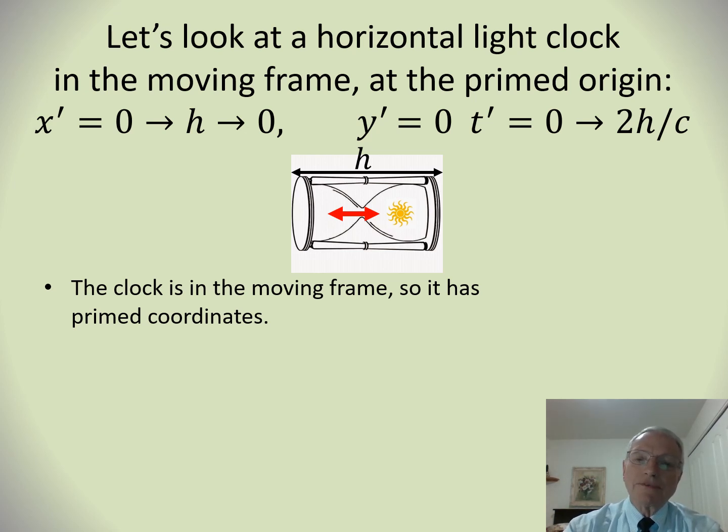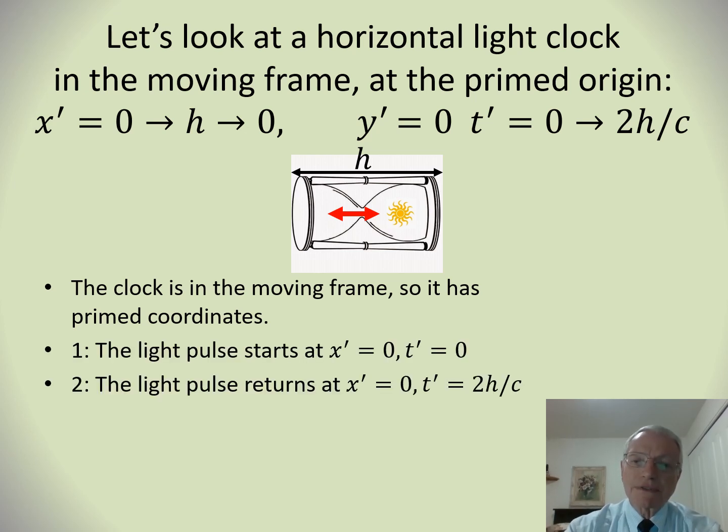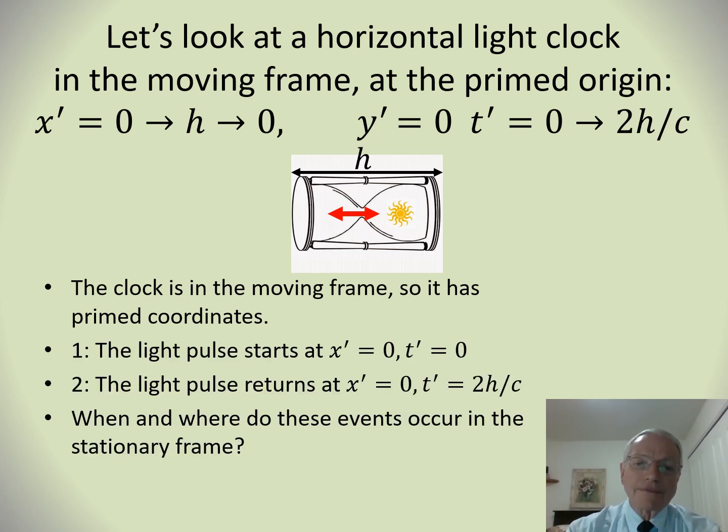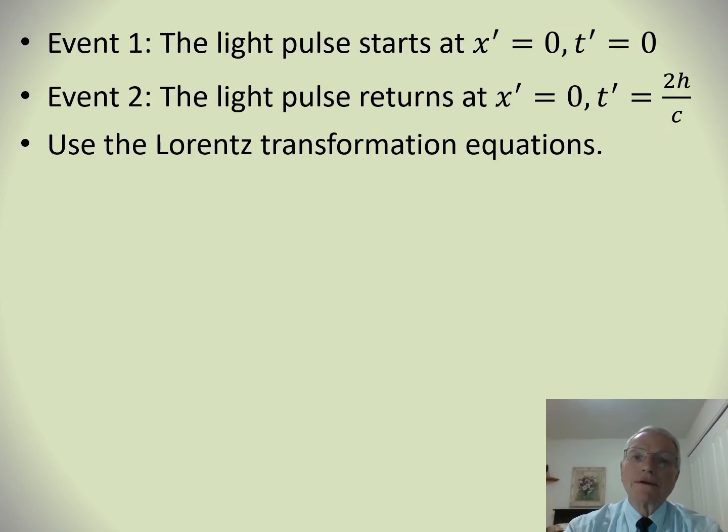And the clock is in the moving frame, so it has prime coordinates, and these are the coordinates. Well, where do these events occur in the stationary frame? Well, here they are. These actually look pretty familiar, right? This is exactly what we had for the vertical light clock. It's the same events.